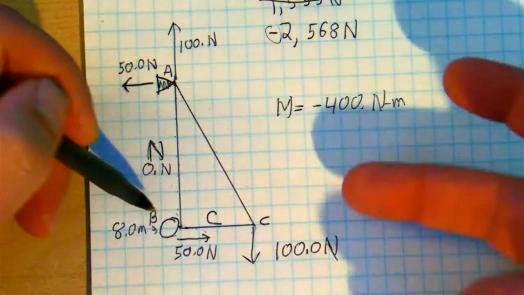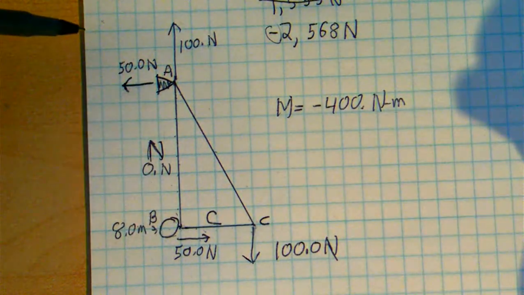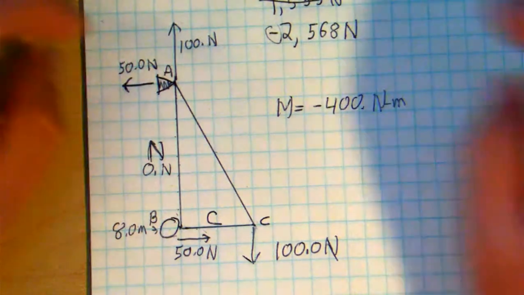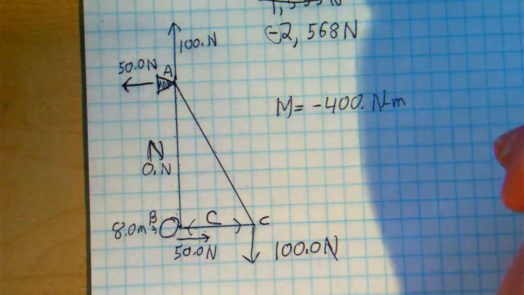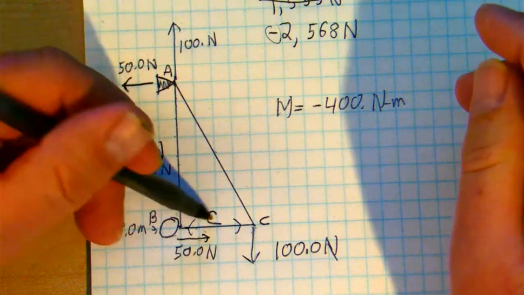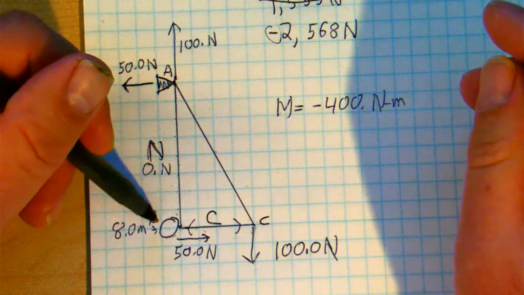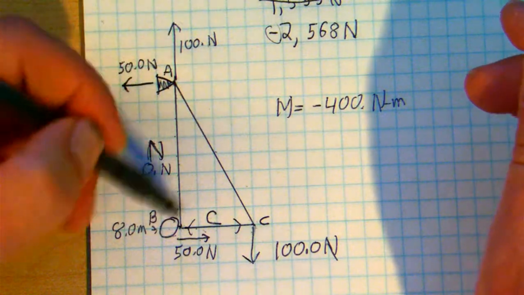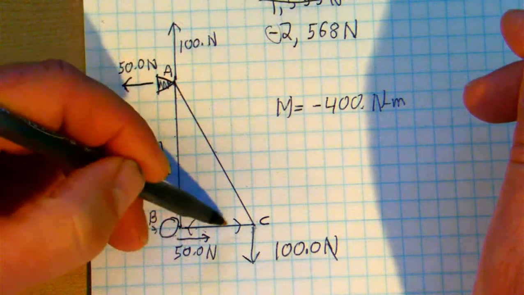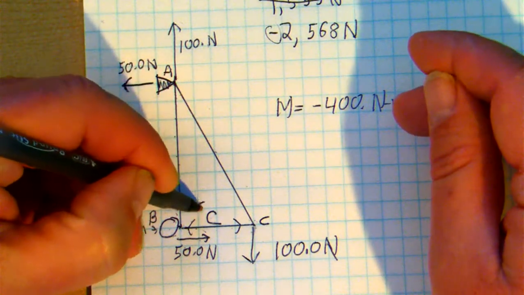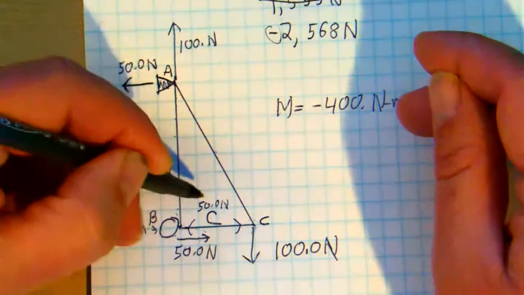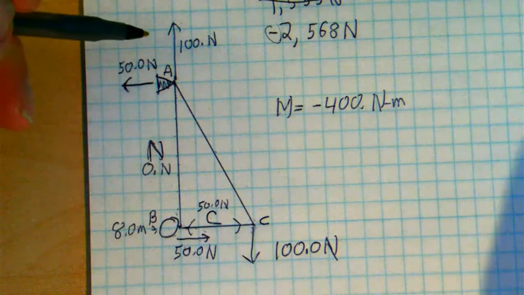It's being squeezed, and so it's pushing outward. If you like, I put these very confusing arrows on it saying, look, member BC is pushing against B by 50 newtons. It's pushing against C by 50 newtons. So 50 newtons is the amount of compression of member BC.